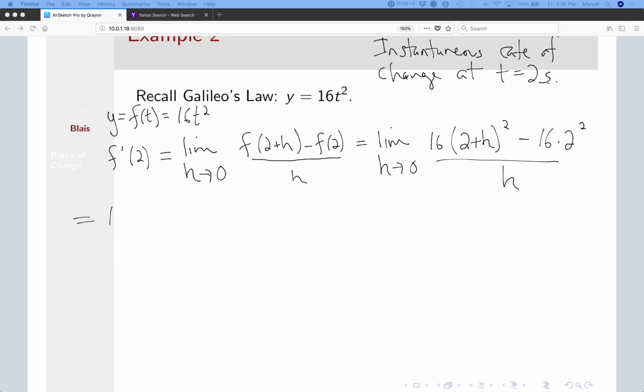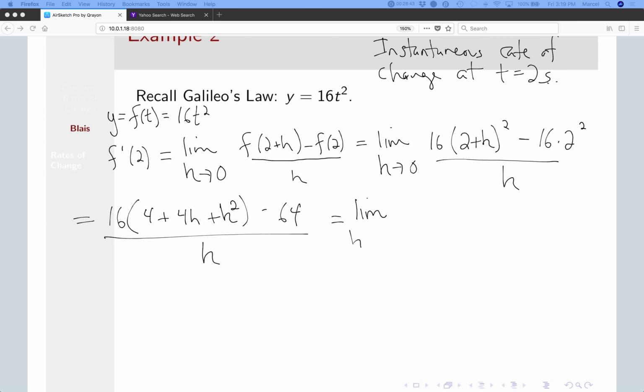Let's FOIL this out. So when we FOIL this out, we get 4 plus 2h times 2, 4h, plus h squared. And then here we have 16 times 4, which is 64, all over h.